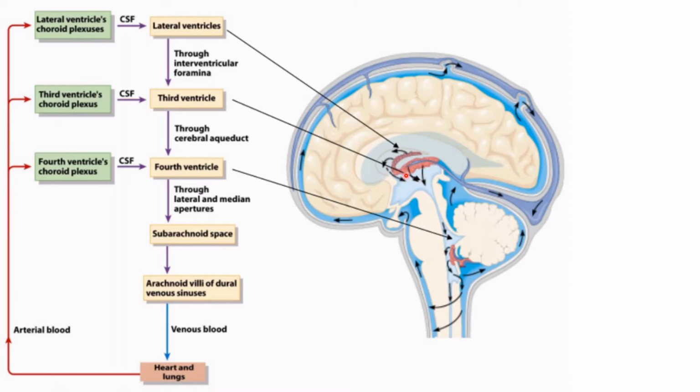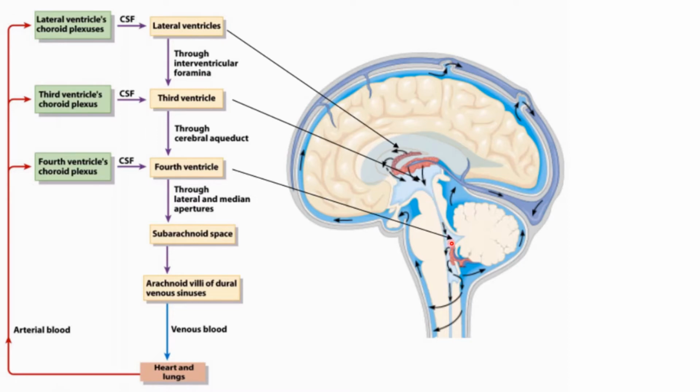From there, the transmitted CSF, in addition to the CSF that is produced by the choroid plexus of the third ventricle, will go to the fourth ventricle over here through the aqueduct of Sylvius.